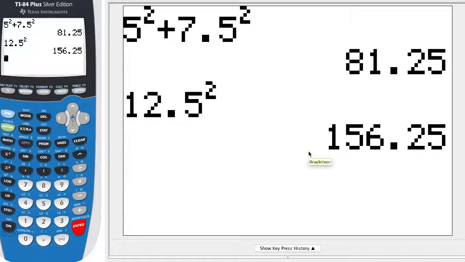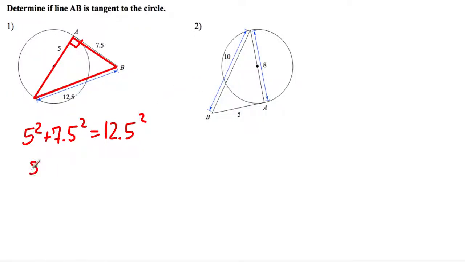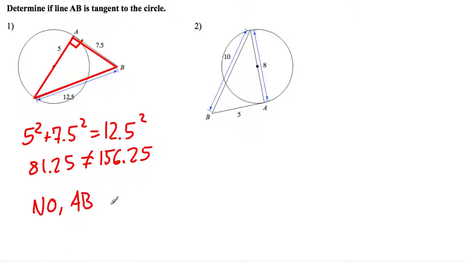But here I can see that it's not. I get that 81.25 does not equal 156.25. So is this tangent? No, AB is not tangent.